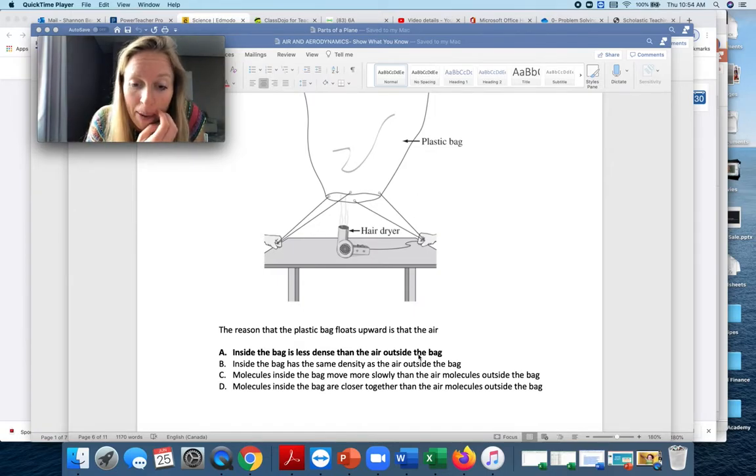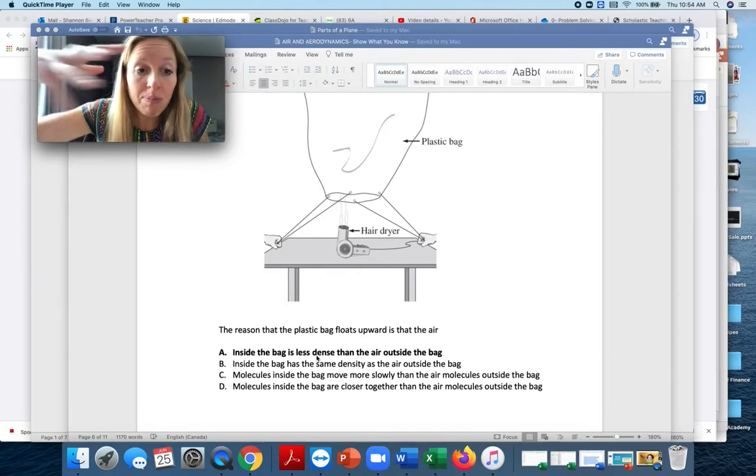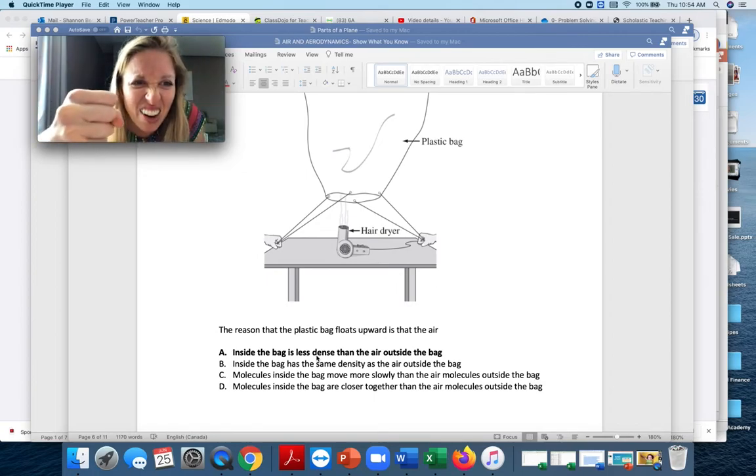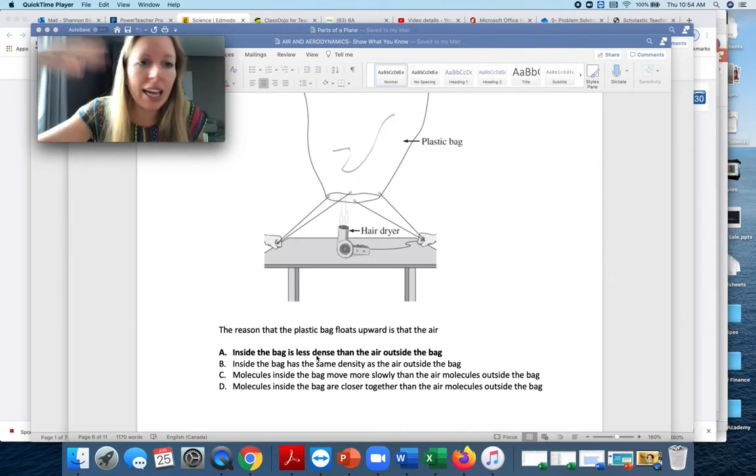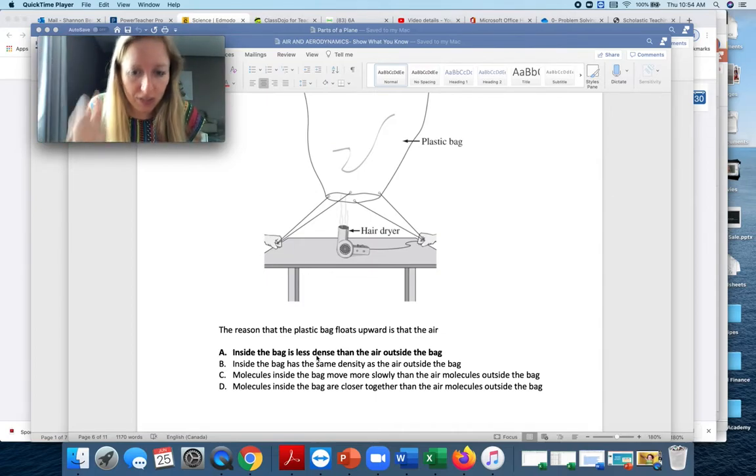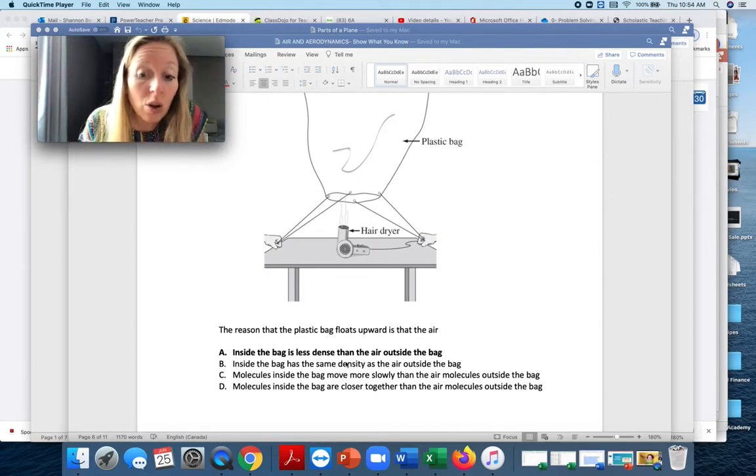Exactly. Less dense, lighter, so it's going to lift. If it's more dense, it's heavier, stuck together. Like a really dense cake is heavier than a light and puffy cake, and it's going to sink down. So that is true.